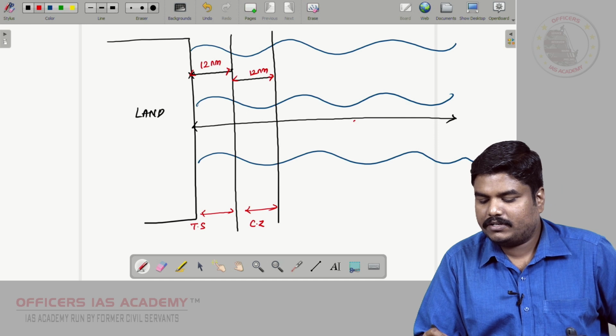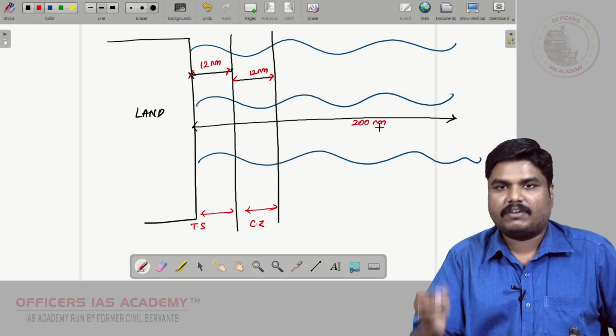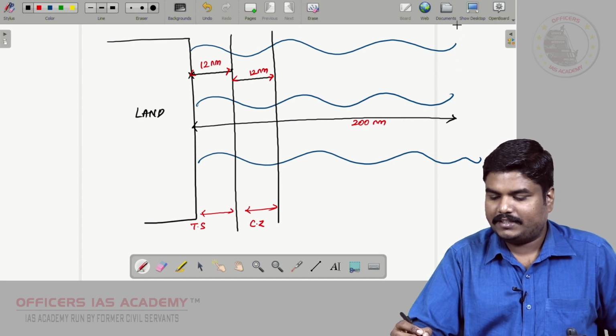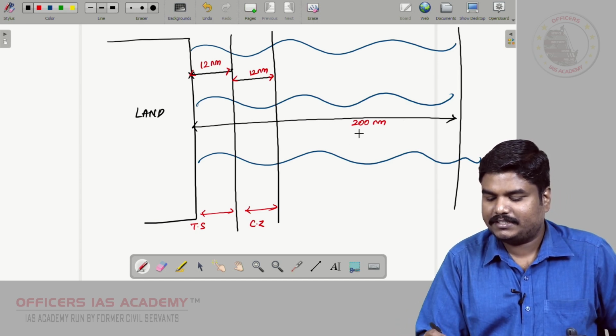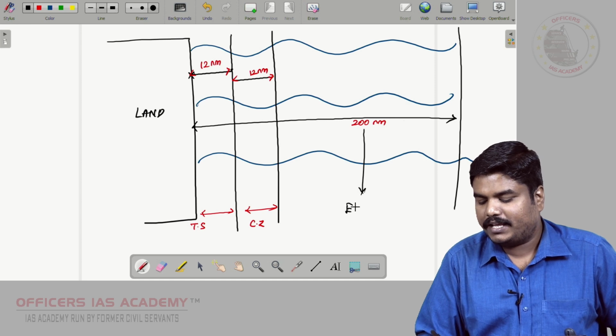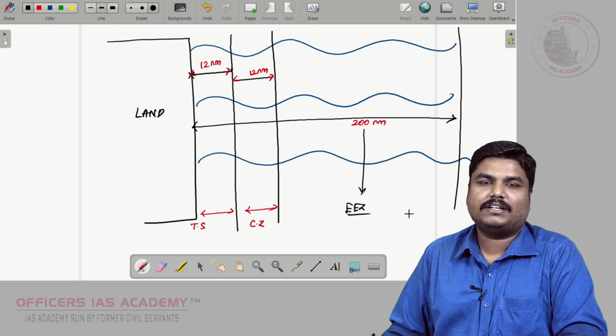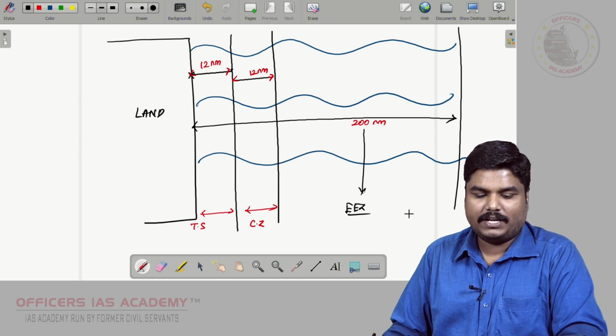The 200 nautical miles from the shore, that region is called the exclusive economic zone. Exclusive economic zone. Are you clear? Fine.